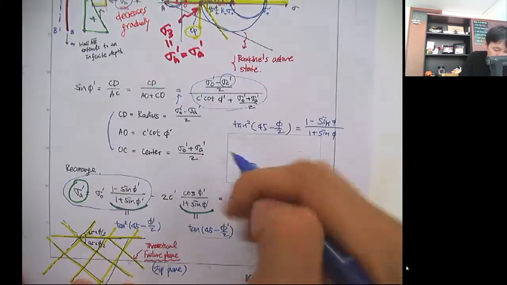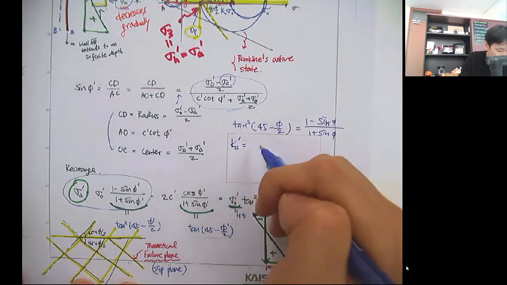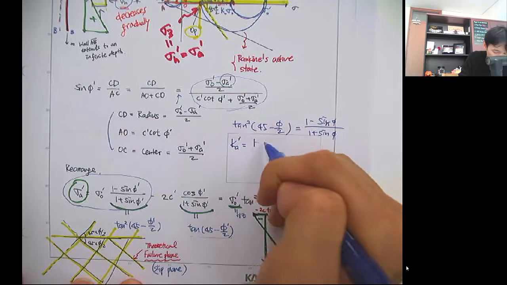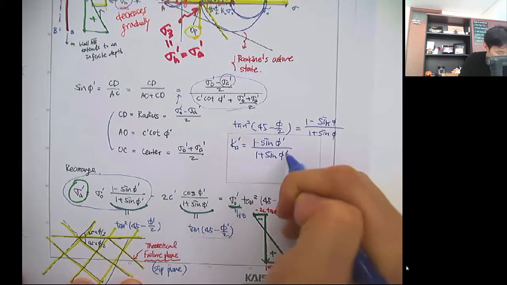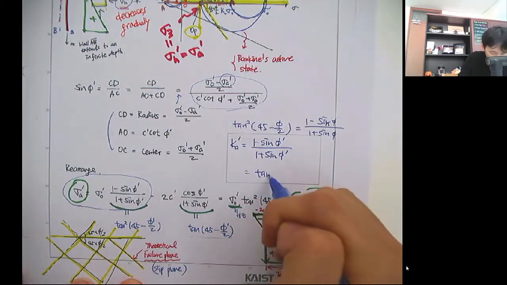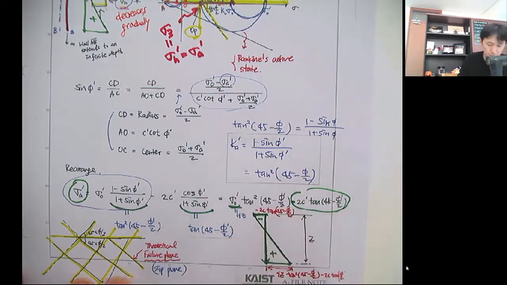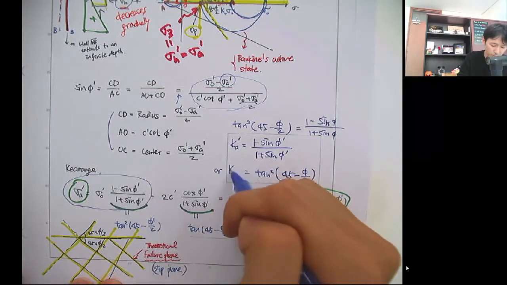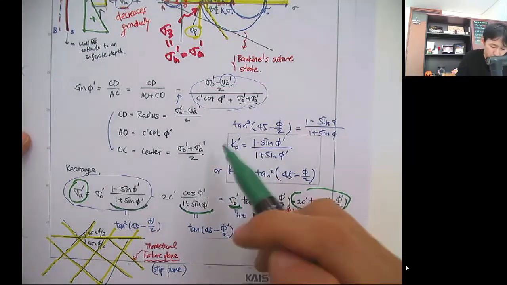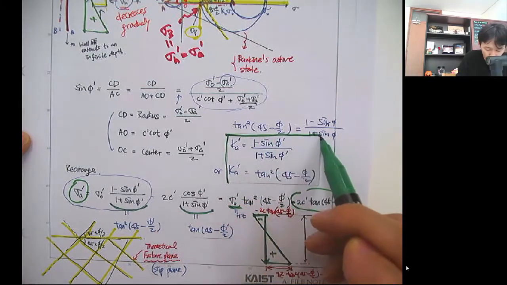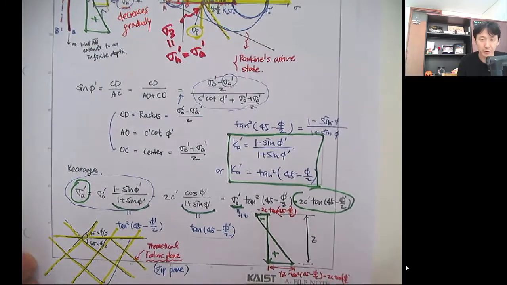And from the definition, Ka prime will be 1 minus sine phi prime over 1 plus sine phi prime, or tangent squared of 45 minus phi over 2. So this is the equation to calculate the active lateral earth pressure coefficient.